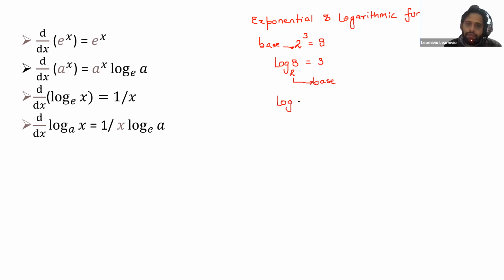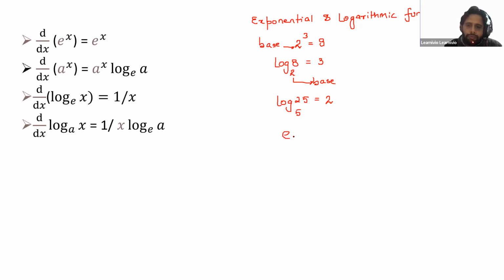Now, for example, if we have 25 and here we have base 5, then what should be the answer? What should be the power of 5 so that you will get 25? So it should be 2, sir. It should be 2. Okay.